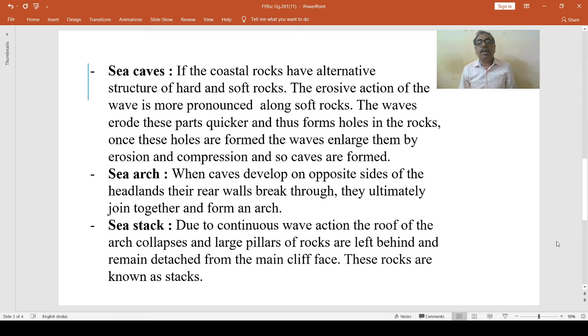They ultimately join together and form an arch. Due to continuous wave action, the roof of the arch collapses and large pillars of rocks are left behind.